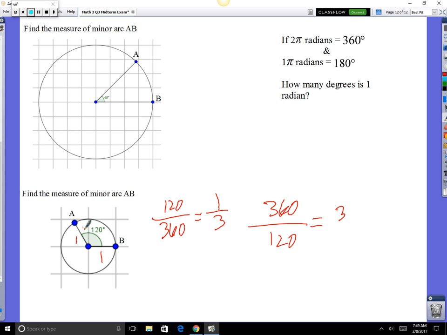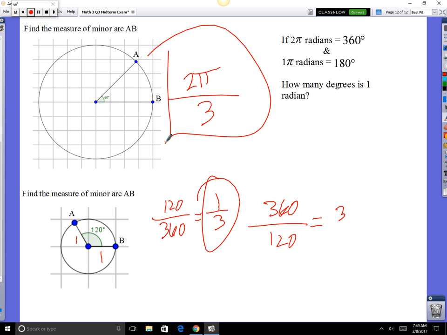Okay, the whole circumference is going to be 2 pi. So 120 is to 360, so 1/3. What is 1/3 of 2 pi? It's a fraction. Just divide by 3. So 2 pi divided by 3 doesn't work out very well, so this is going to be 2/3 of a pi.